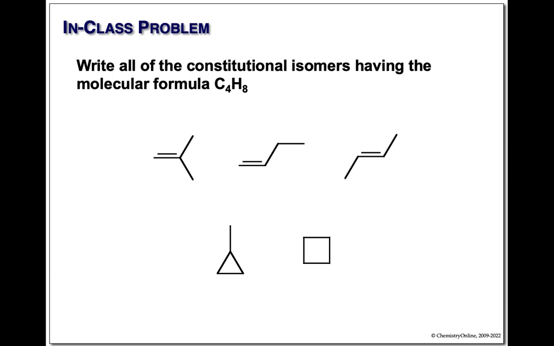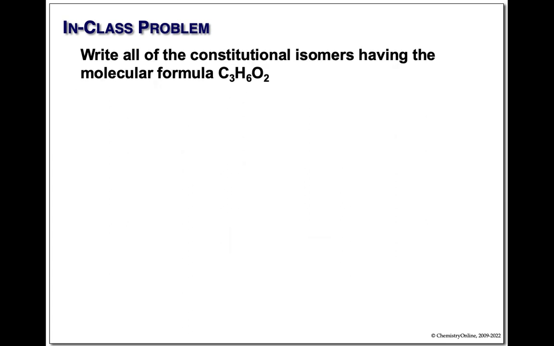Now the one that I always threatened to put on the exam but never did, we just take our C3H6 and we stick in 2 oxygens. Now remember, the oxygen can be a single bond or a double bond. Same thing with all the carbons.